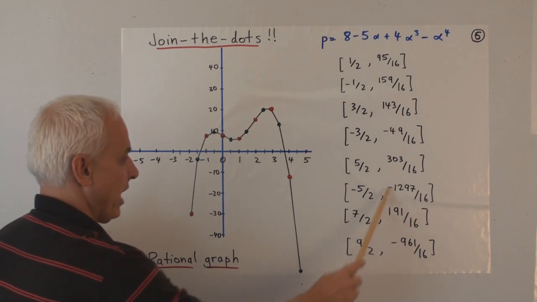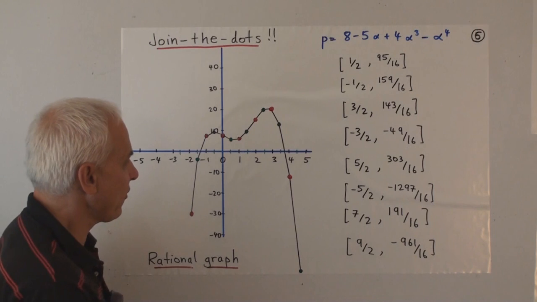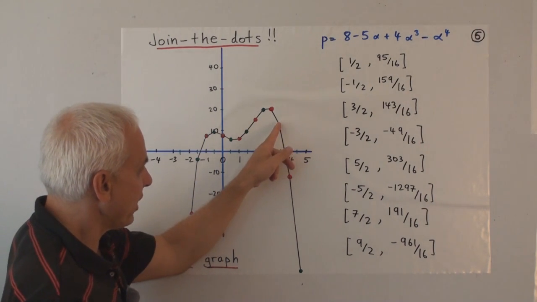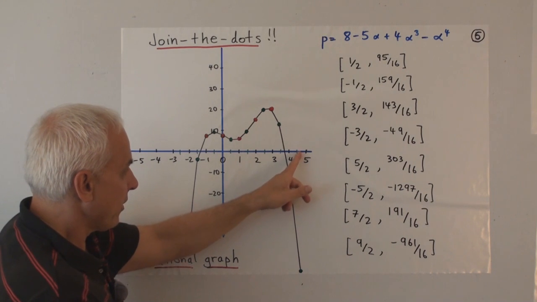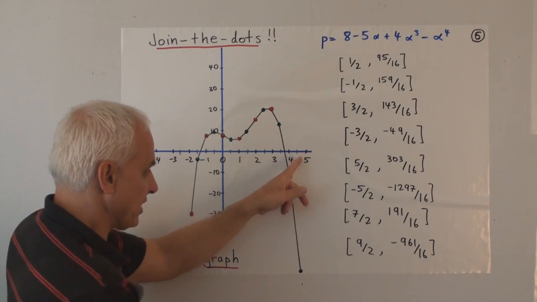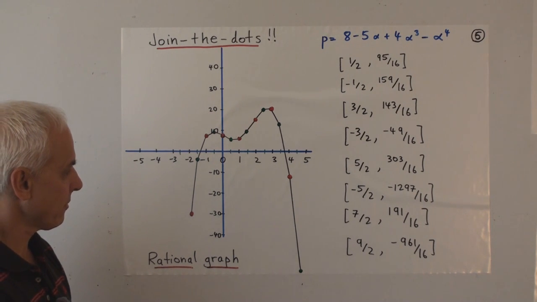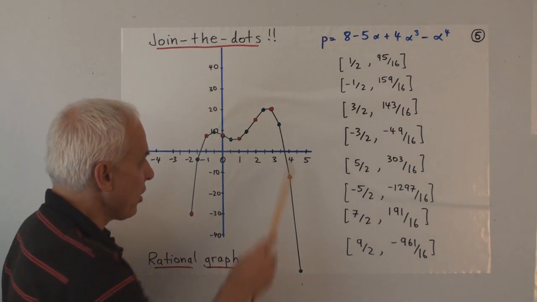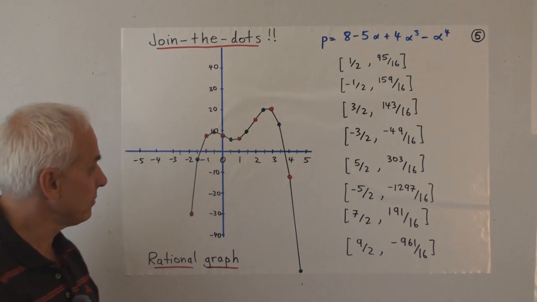No, that's out of our range, so I wasn't able to graph that one. 7/2, that's 3.5, that's this one over here with 191/16, and 9/2, and minus 961/16, that's just barely in our range. So we have these new green points now to augment the red ones that we already have.